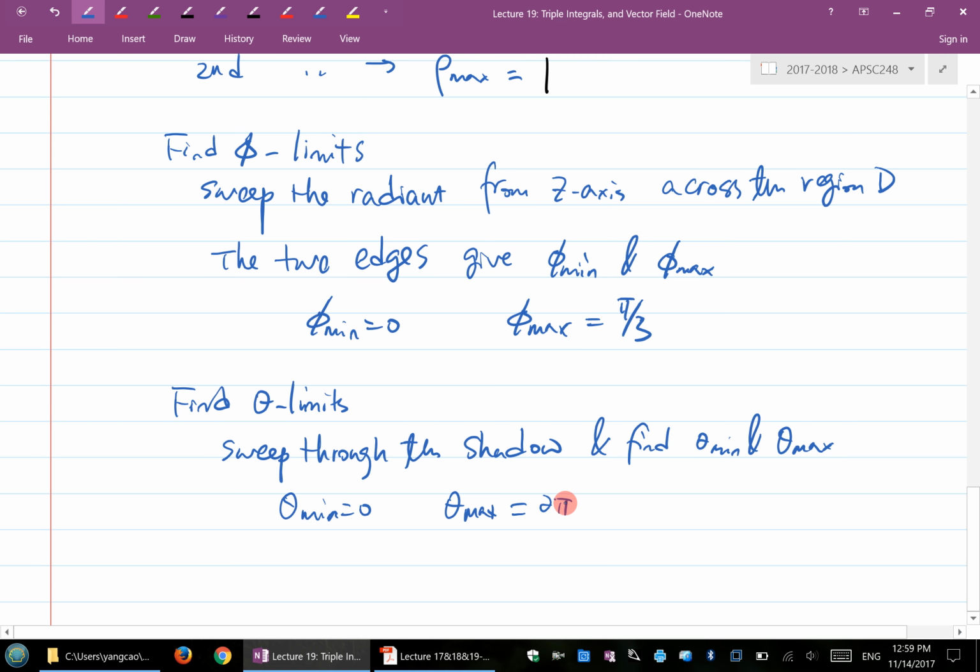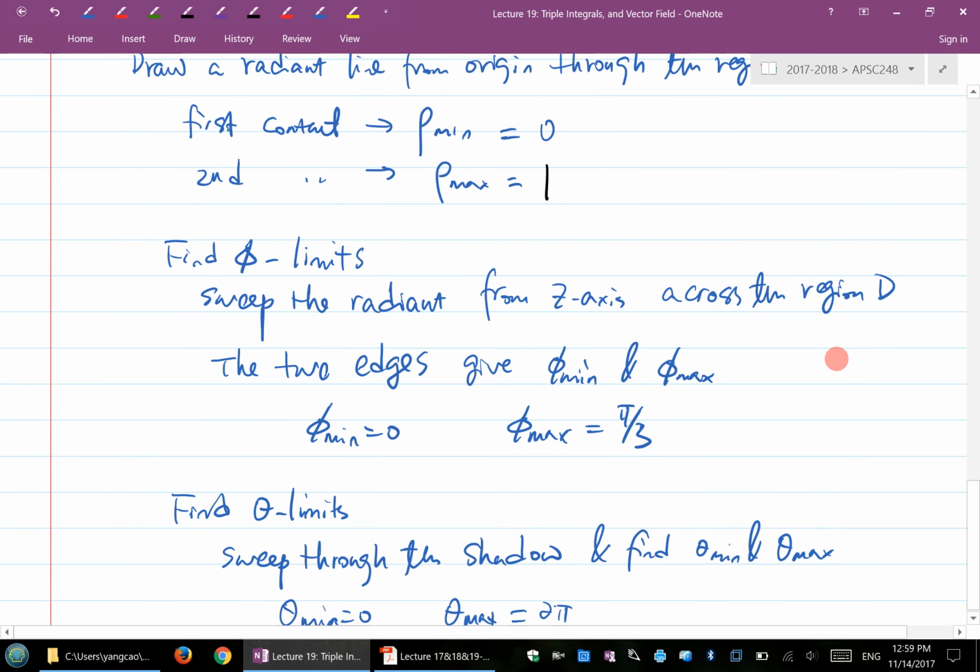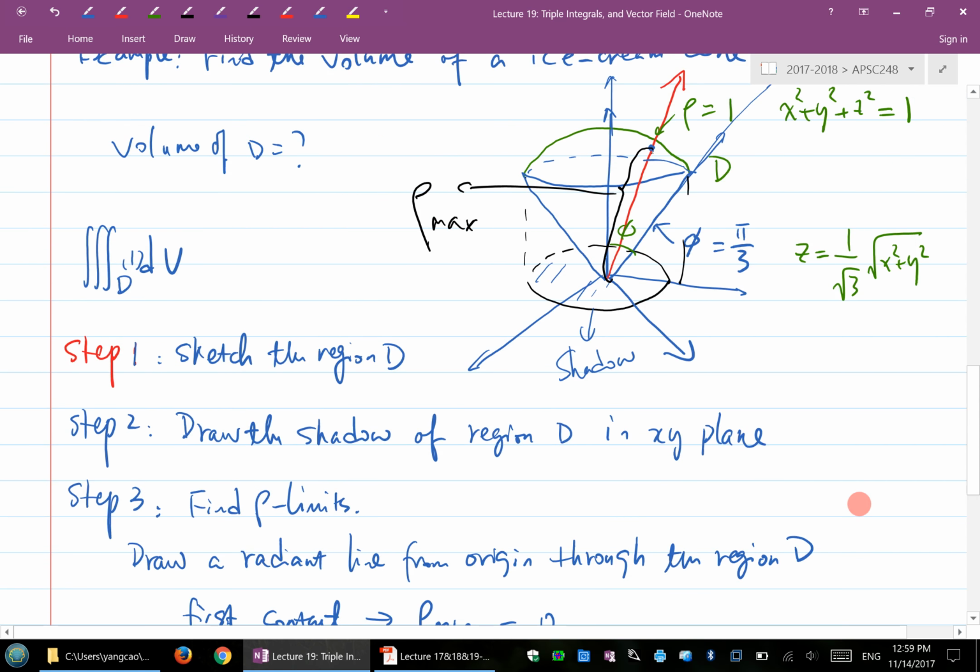Before we move on, let me emphasize the process again. I emphasized this when we talked about double integrals and also triple integrals in the other two types of coordinate systems. This is integration, so it is about sweeping through the region of integration.